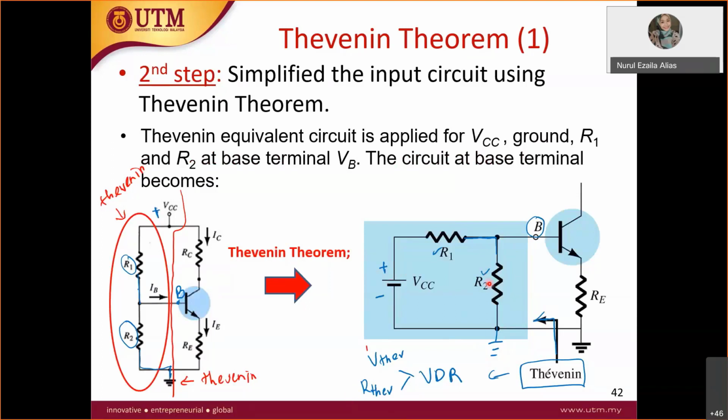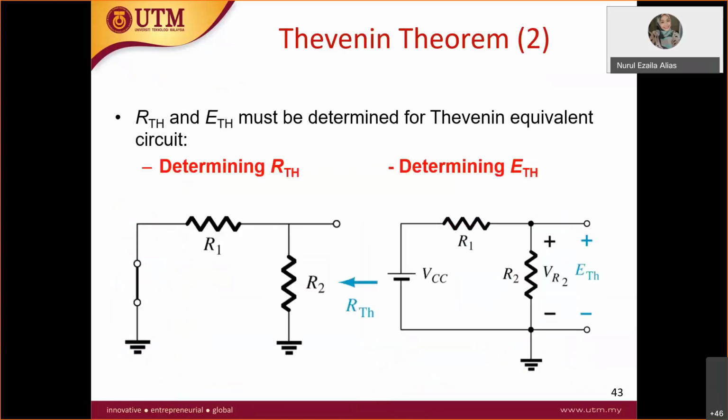And then V Thevenin, of course, is the voltage across from this node to the ground, which is across R2. So R Thevenin is equal to R1 parallel with R2.